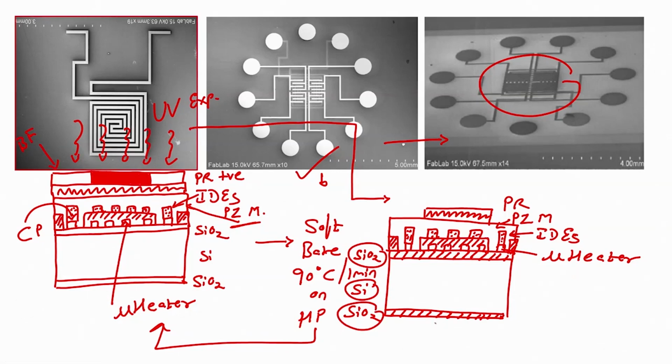After photoresist developer, the next step is post bake. Post bake is done at 120 degrees, 1 minute on a hot plate. After post baking, the next step is to etch the piezoresistive material from the unwanted areas.